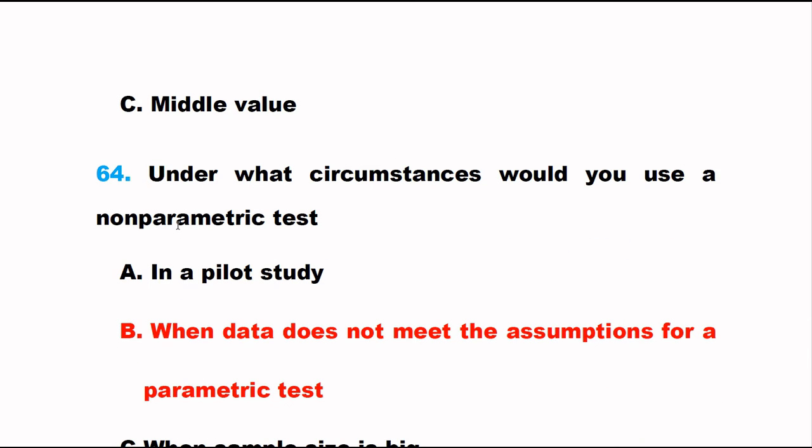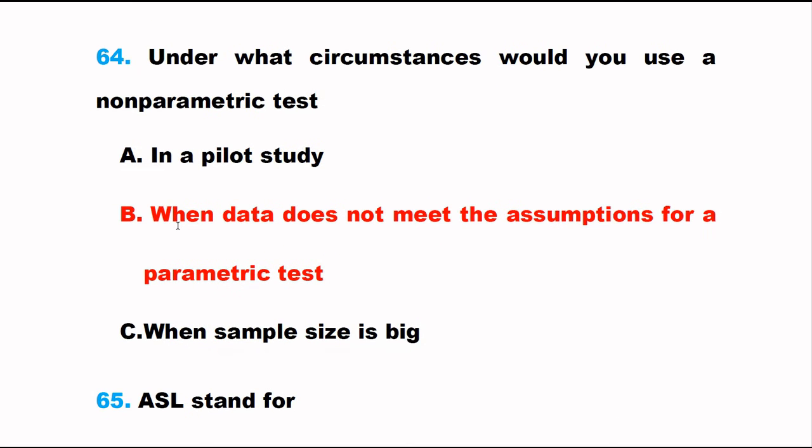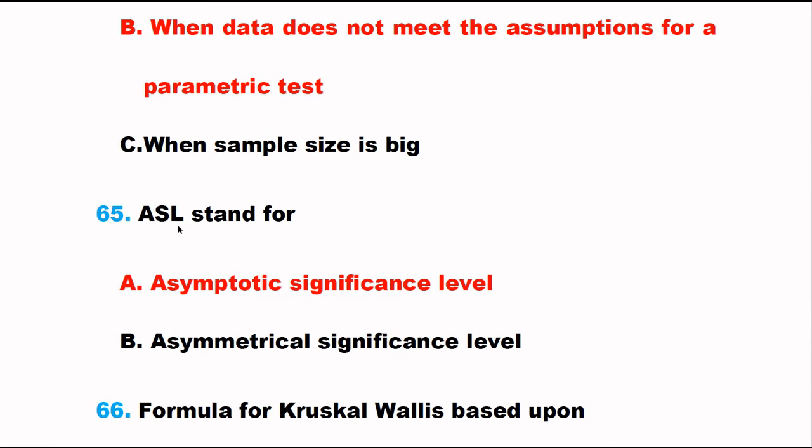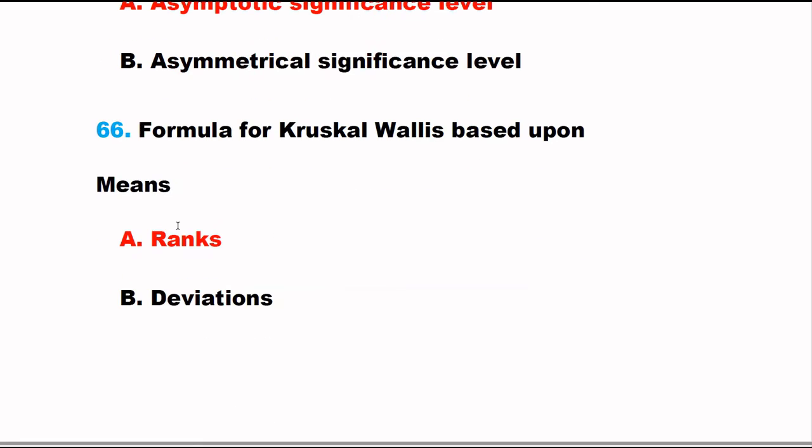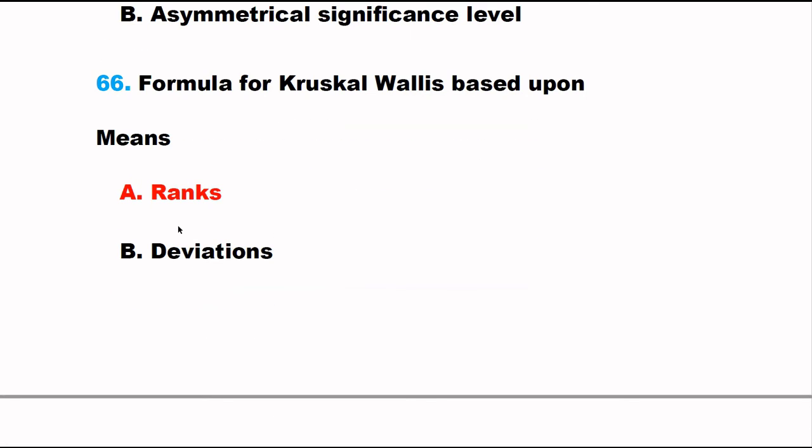Under what circumstances would you use a non-parametric test? When data does not meet the assumptions for a parametric test. ASL stands for asymptotic significance level. The formula for Kruskal-Wallis is based upon means of ranks.